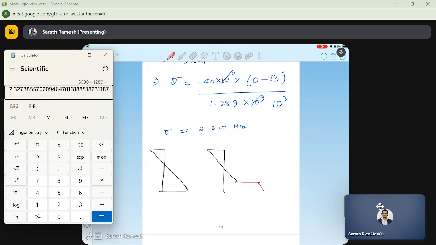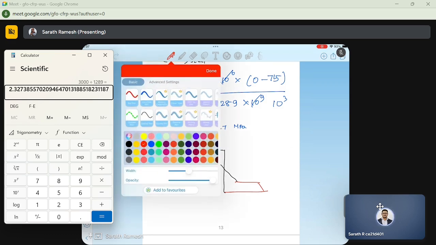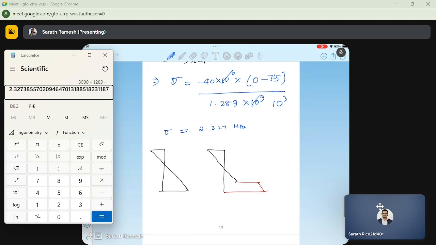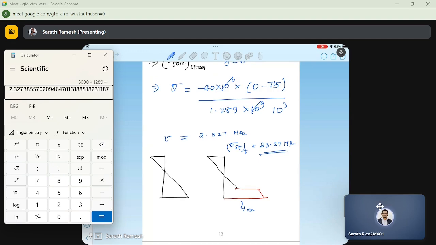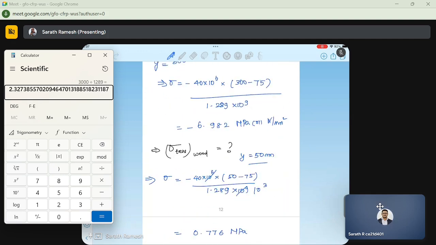If I want to convert into the uniform material case, it will be m times whatever it is, that much magnitude. Now m is 10, so sigma steel in tension is 23.27 megapascal. So we have to make a note of this if you want to find the stress for the other material.